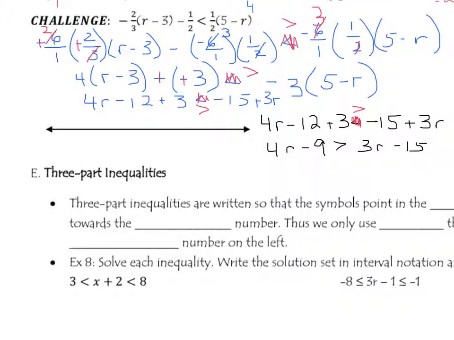You subtract 3r from both sides and you get r minus 9 is greater than negative 15, and then adding 9 to both sides you get r is greater than negative 6.